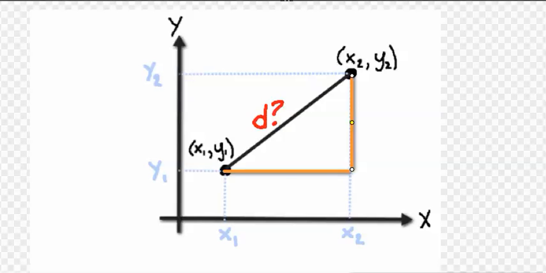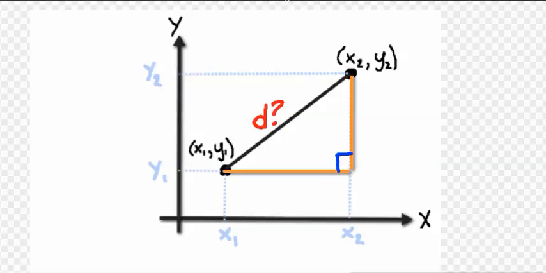Okay, so I need it to be perfectly straight here. Alright, now if we can identify what the lengths of these legs are, since this is a right triangle, we can find D, or the hypotenuse.